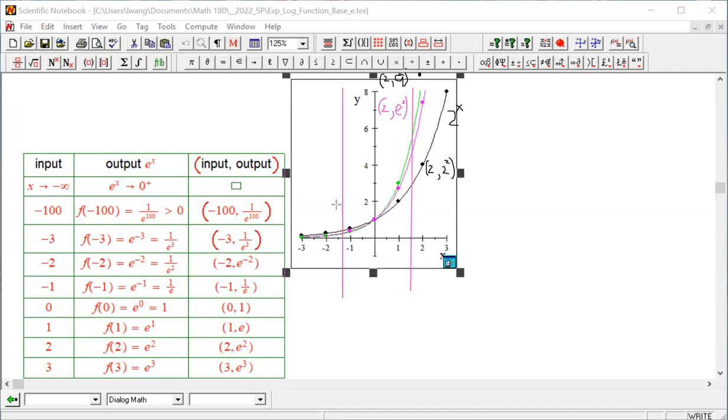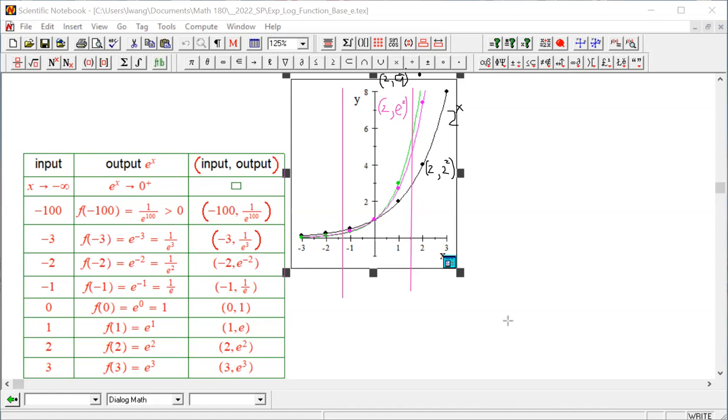But they have similar properties. They are all above the x-axis, because that's the range: 2 to the power x is positive, e to the power x is positive, 3 to the power x is positive. They have the same domain, the same range, and a similar shape, but just the points are different.